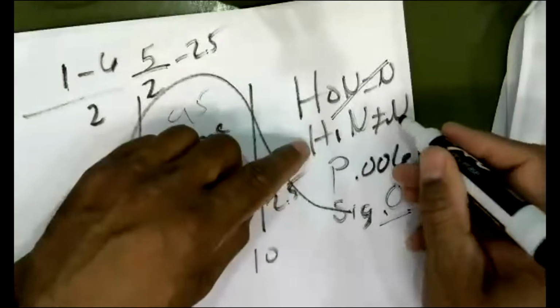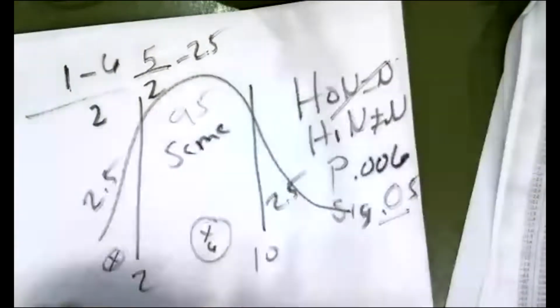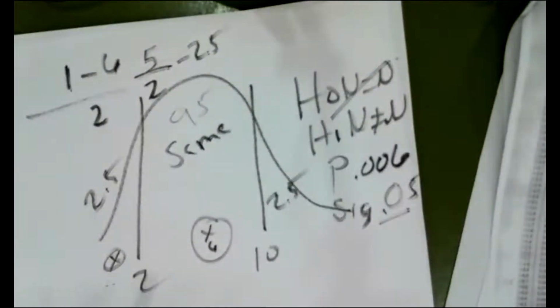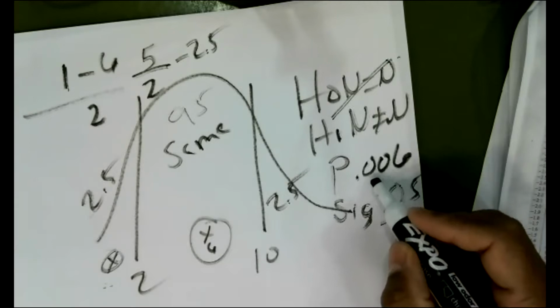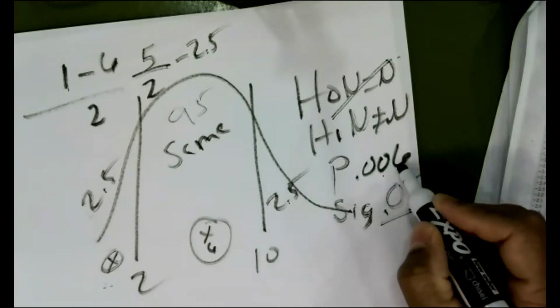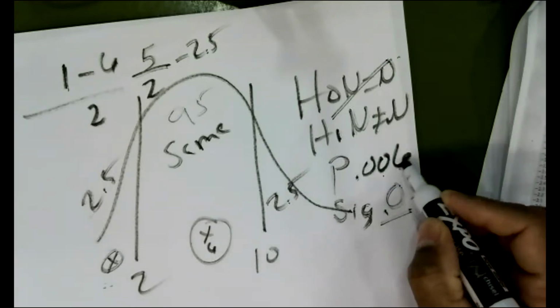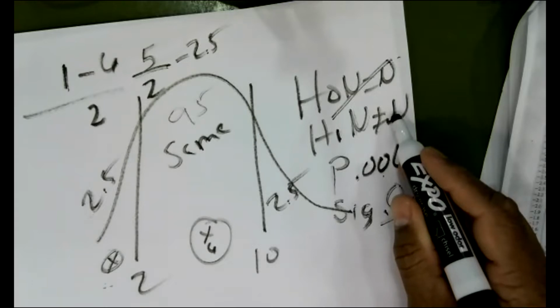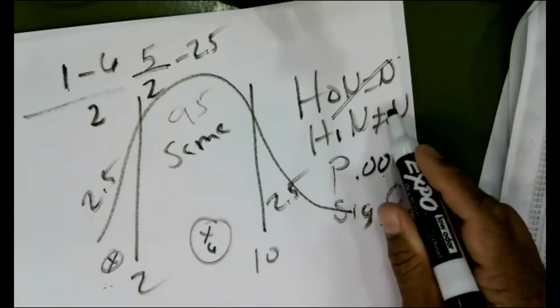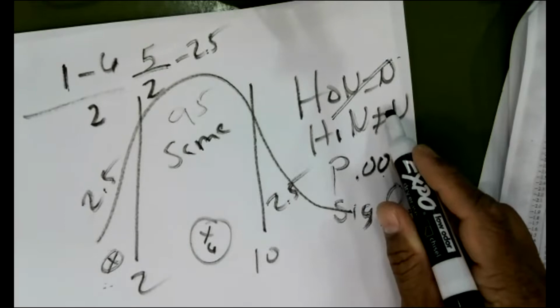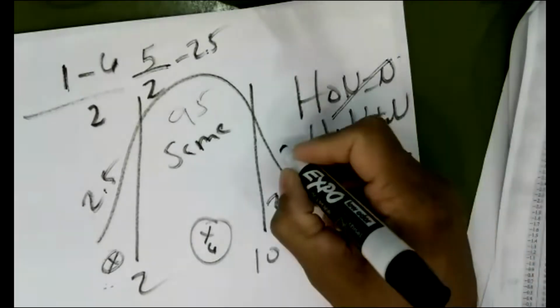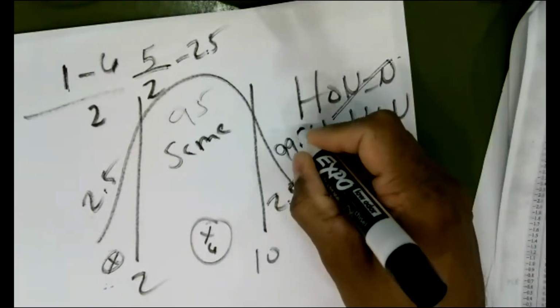But now I need to address this too. I can't just reject that. I need to address that. Okay, so they're not the same. What now? Now I can say I am 99.4% confident that people that get our treatment will stay less time. 99.4%.